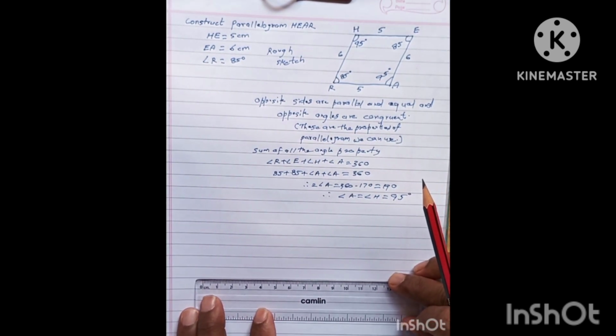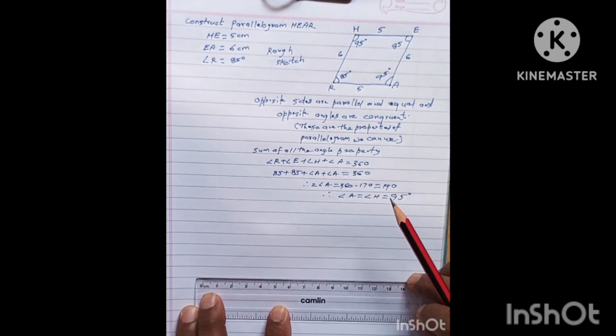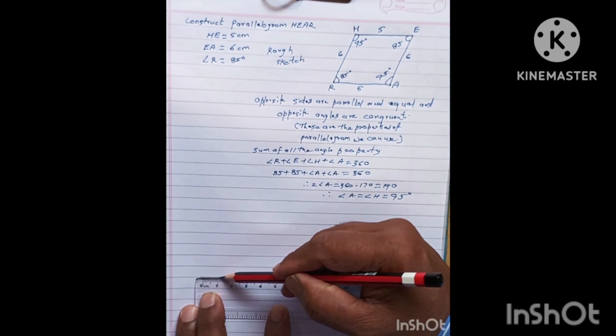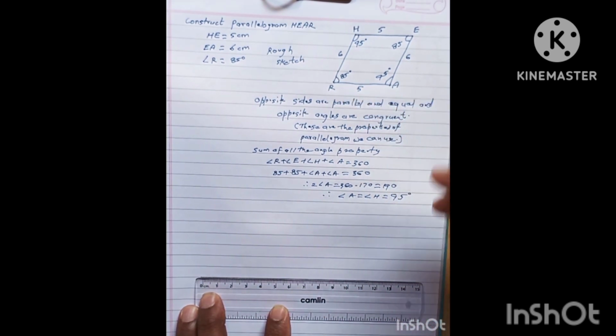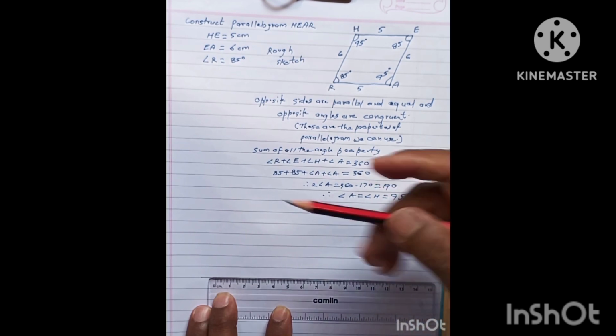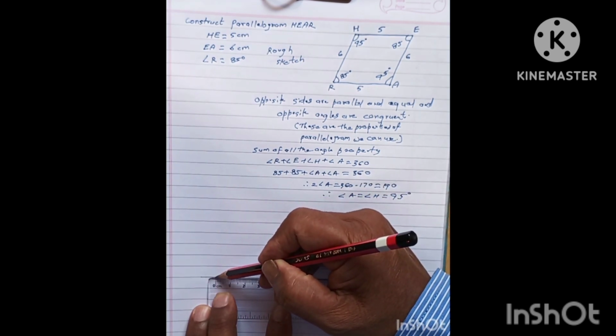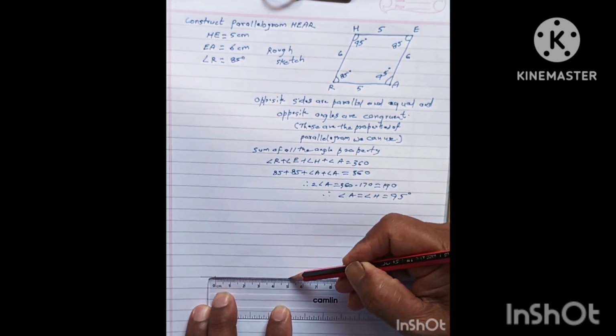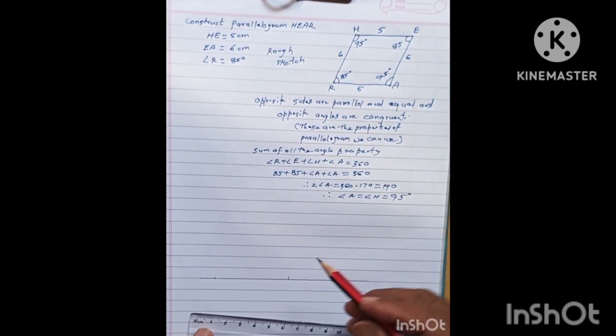So starting with RA, draw this line and mark 5 centimeters. This is mark 0 and 5, so that will be your RA. See, we are given 2 sides and angles.